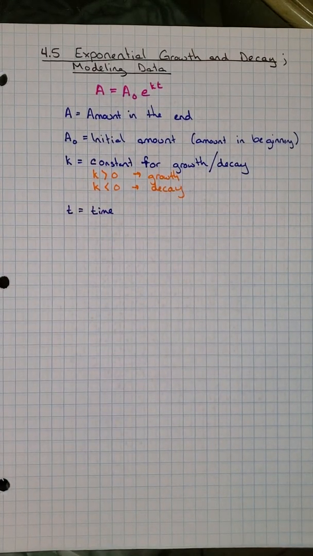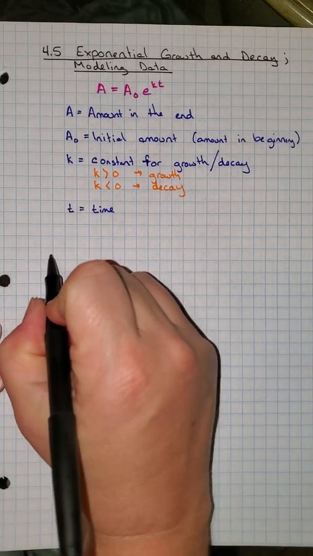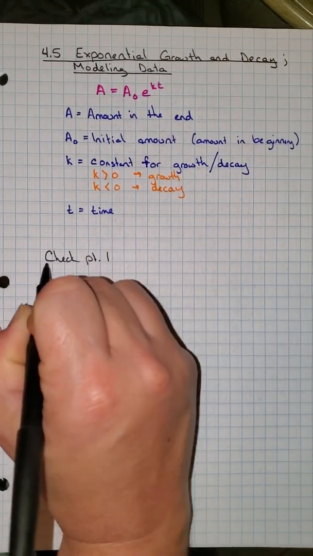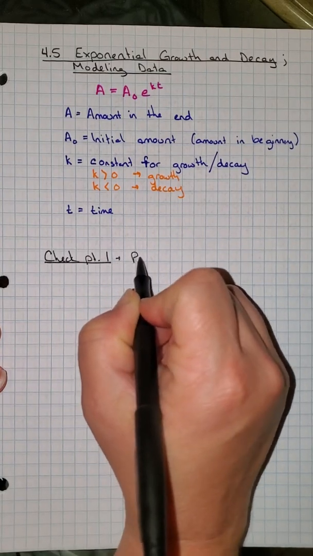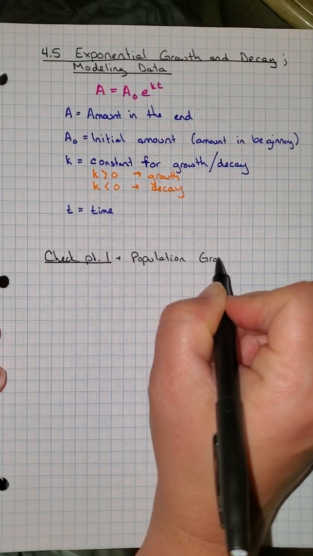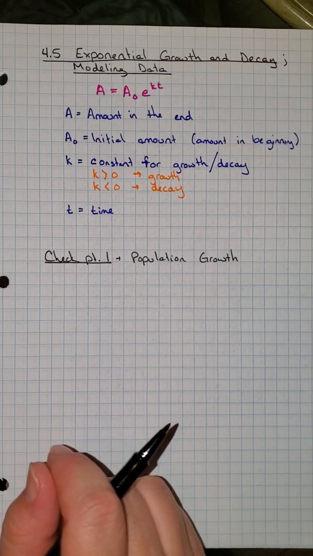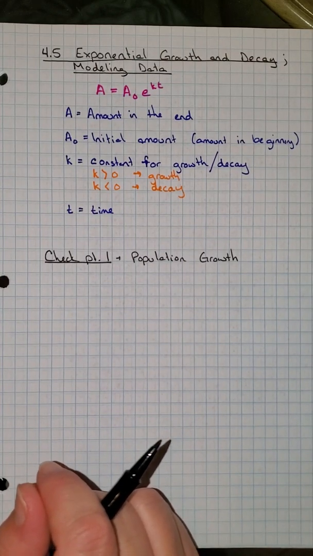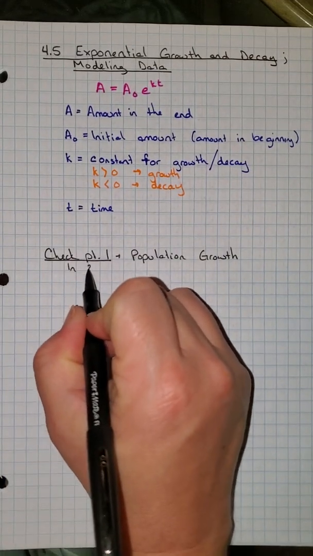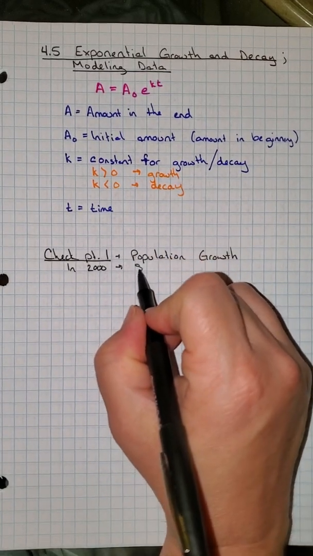Alright, so first, for example, or checkpoint 1, we're going to look at population growth. Alright, so this one says in 2000, the population of Africa was 807 million people.